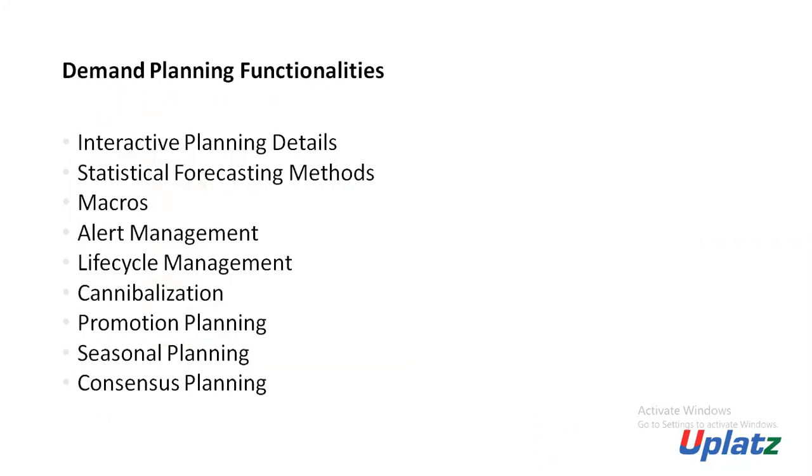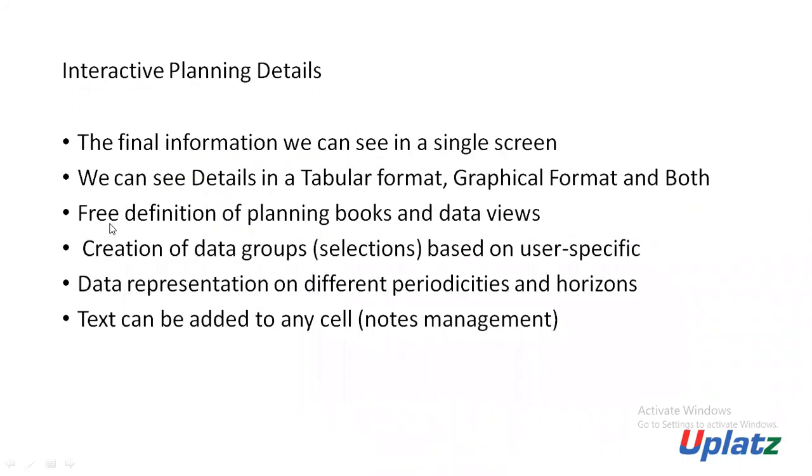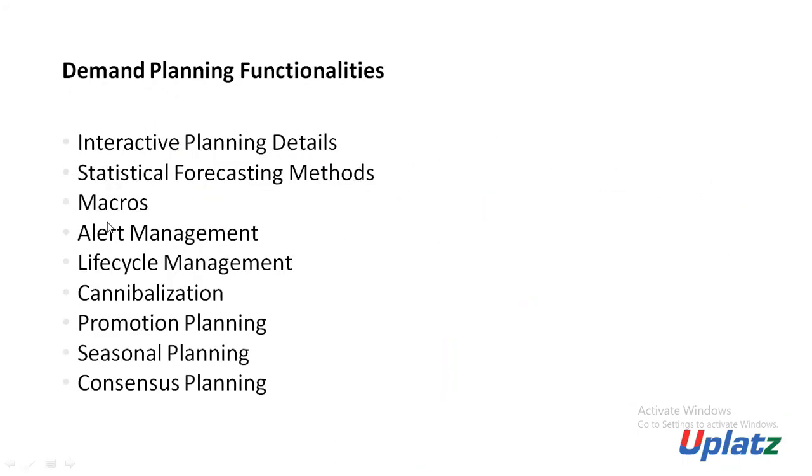We have important features like macros, alert, and life cycle management. These three I am going to cover in the configuration part. For today, I will take care of life cycle management.